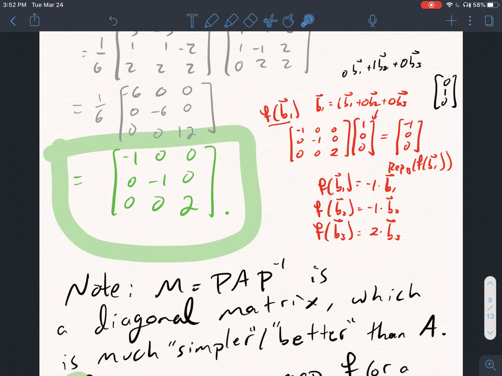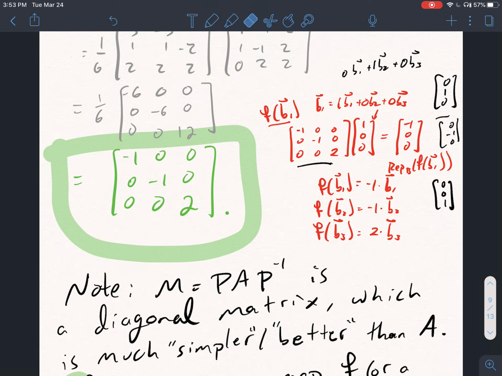So that tells me that f of b2, I can figure that out by multiplying this times 0, 1, 0, which would be equal to 0, -1, 0. Therefore, f of b2 is equal to -1 times b2. And then similarly, f of b3, I would just do the same thing with 0, 0, 1, and then I would be picking off that 2 in the third entry, and so f of b3 is equal to 2 times b3.